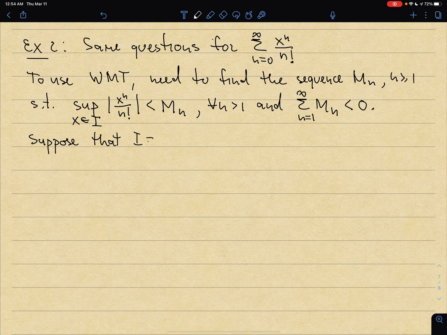So let's make I an interval from minus a to a again, and let's say a is just a positive number here.